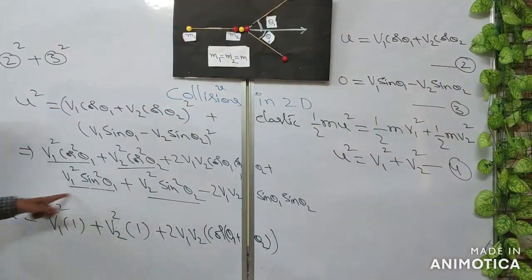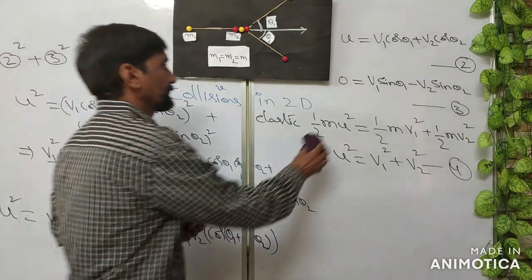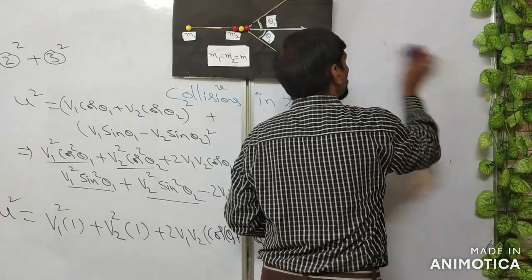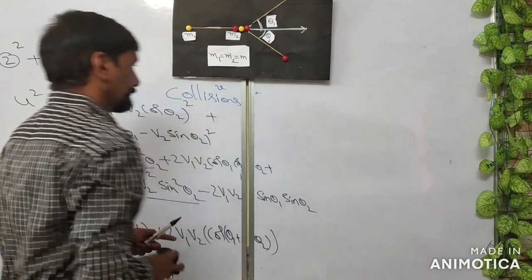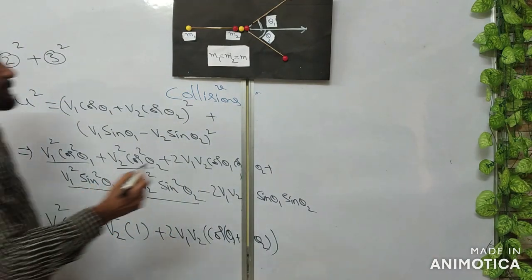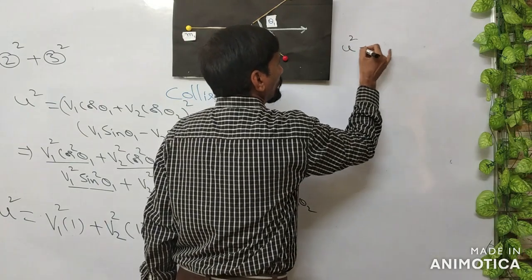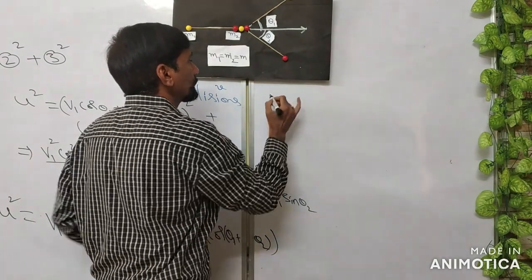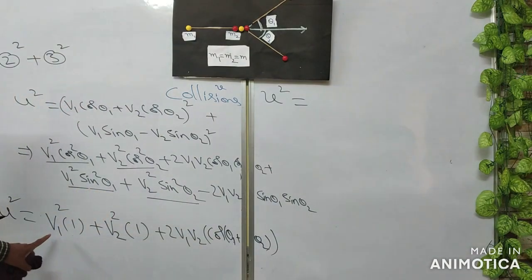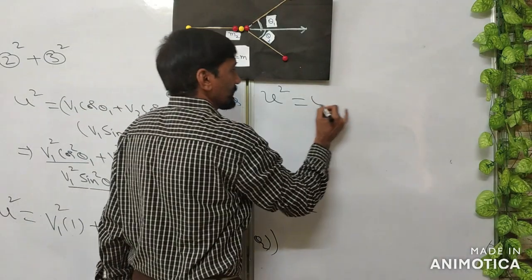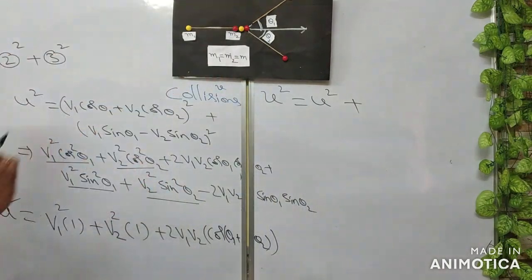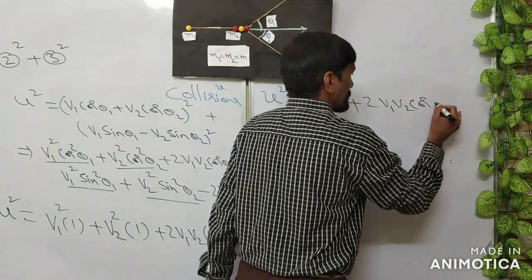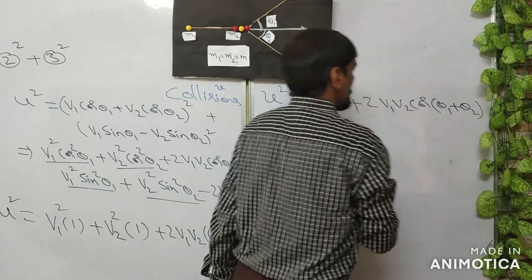So instead of v1 square plus v2 square, we write u square: u square is equal to u square plus 2 v1 v2 cos of theta 1 plus theta 2.